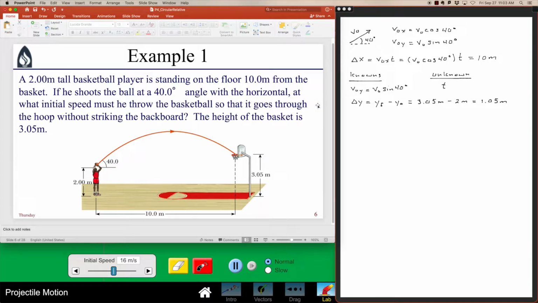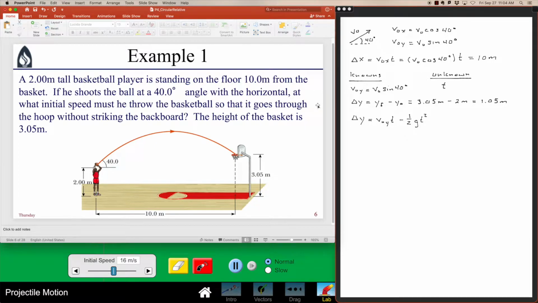All right, now that I have my initial velocity and the change in position in the y direction, and I think I'm aiming for something involving time, I can take a look at my free fall equations and choose one. I think I'm going to choose the one that says delta y is equal to V naught y t minus 1/2 gt squared, because that involves time, it involves the initial velocity, and it involves the change in position, which I do know.